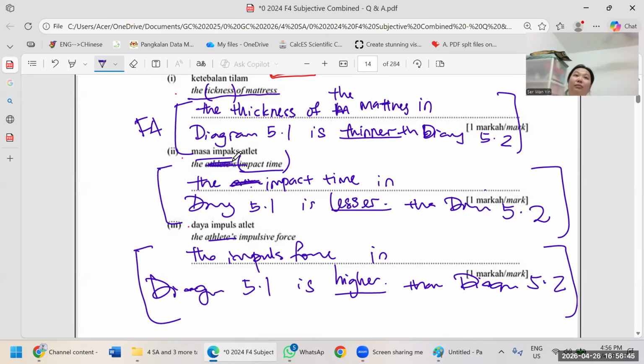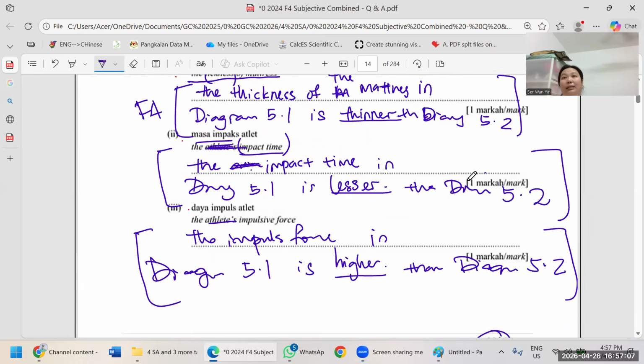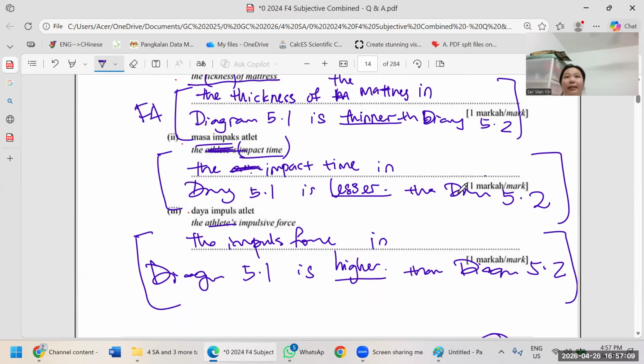So I hope in form 4 you all make the full sentence. Train yourself in full sentences first. Just my problem, maybe you won't face it. It's page 14.